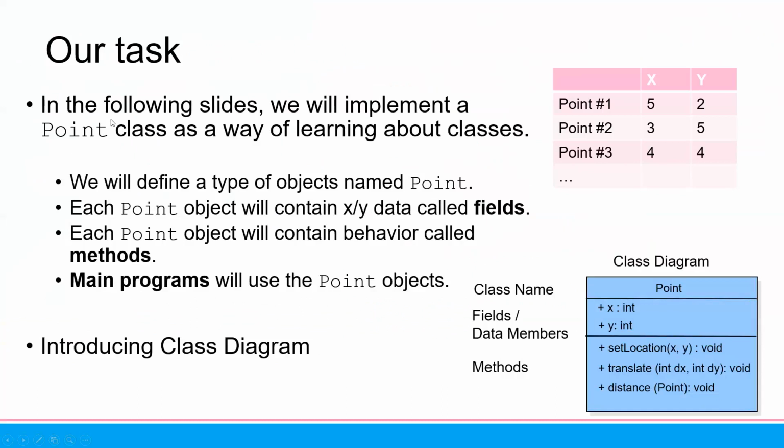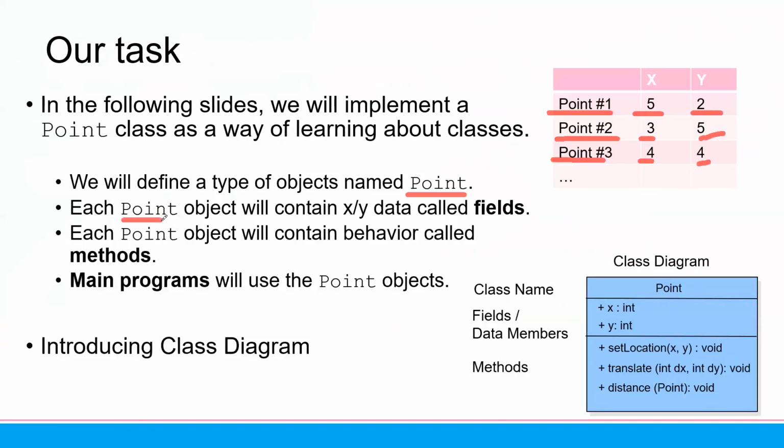For example, as you might know, we have point number 1. Let's say point number 1 x is 5, and y is 2. Point number 2 we have 3 and 5. Point number 3 we have 4 and 4. Now we can say that we have one object and the name is point.